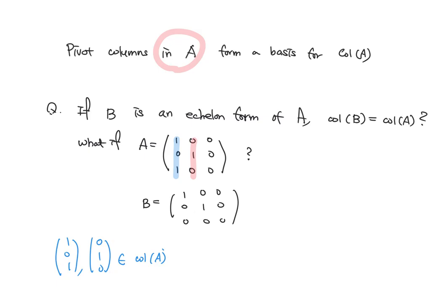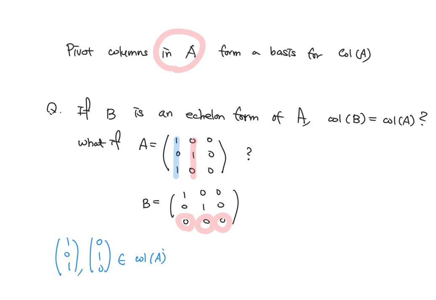But the column space of B is generated by linear combinations of the columns in the B matrix. And in the B matrix, every column has 0 in the third place.